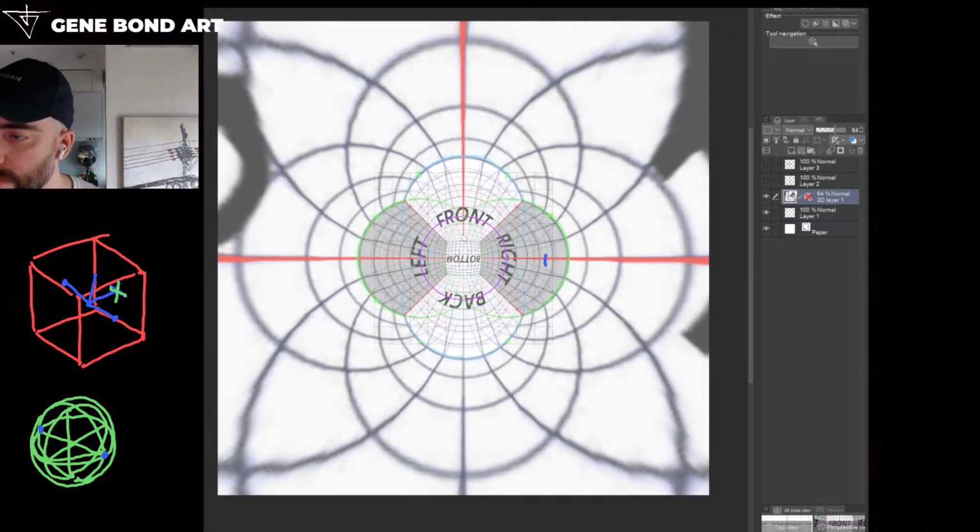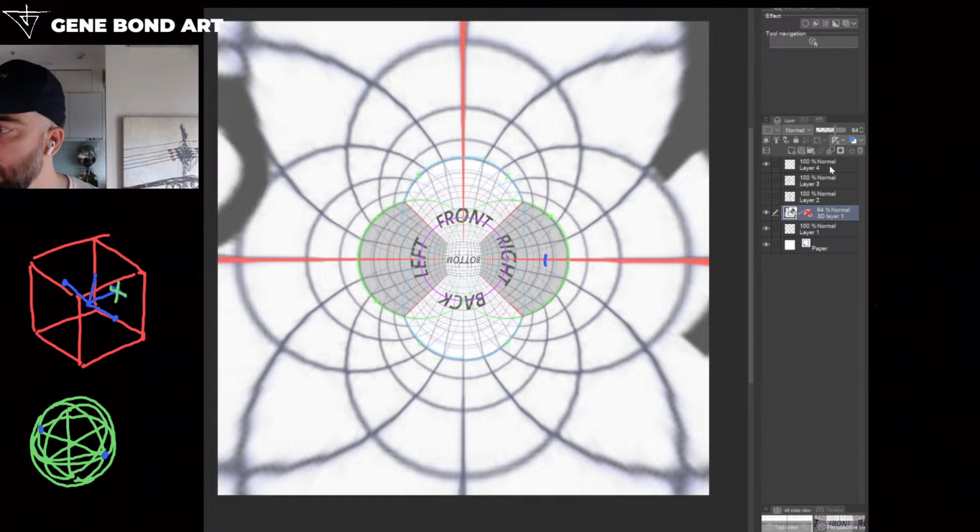Front and back center of a cube side, right?